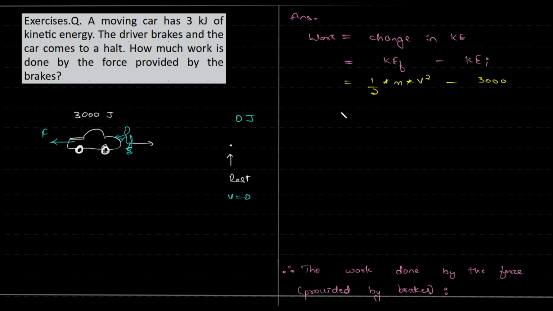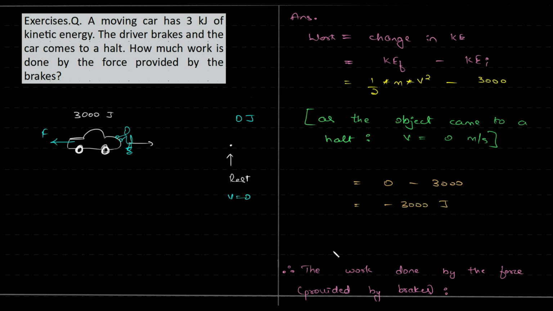So we'll write that as the object came to a halt, the final velocity v is equal to 0 meter per second. So we have 0 minus 3000, which is minus 3000 joule. So the work done by the force provided by the brake is minus 3000 joule.